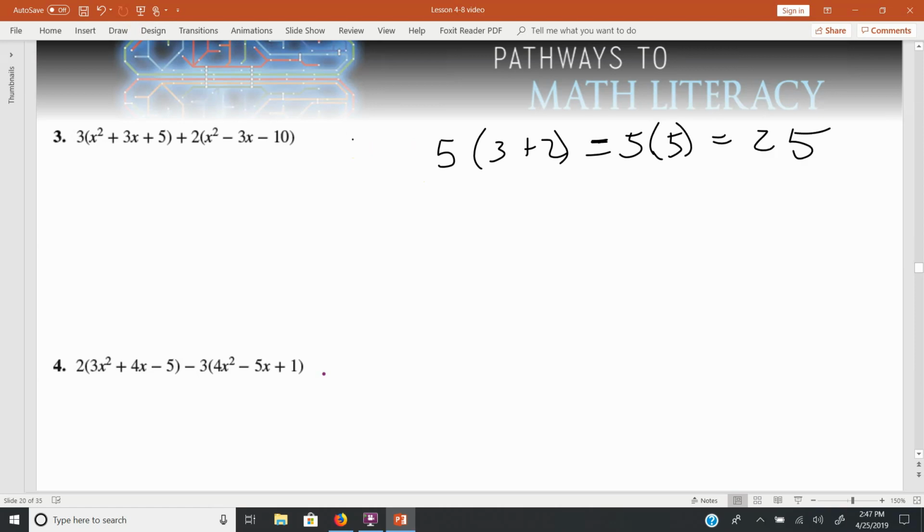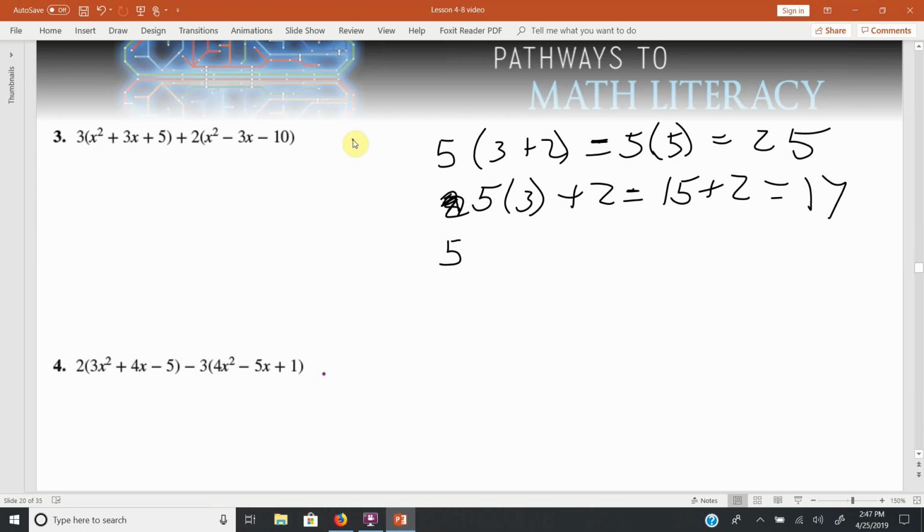And then we've looked at what happens when we do 5 times 3 plus 2. According to PEMDAS, that is 15 because we do the multiplication first and then we add the 2. That's actually 17, which is different. If we want to get the same answer, we have to do 5 times 3.